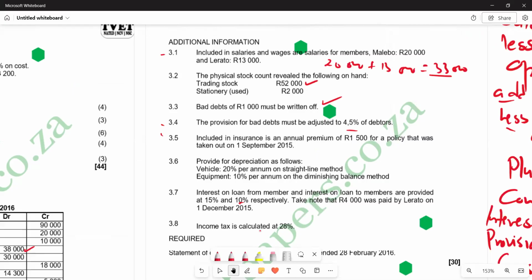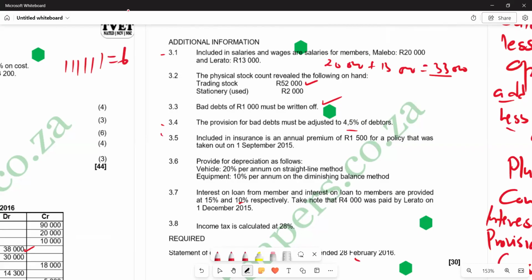We need to know how many months it has applied to the current period. Remember, our current period is ending on 28 February 2016. So starting from 1 September, we put September, October, November, December, January, February. So we got 1, 2, 3, 4, 5, 6. So 6 months apply.